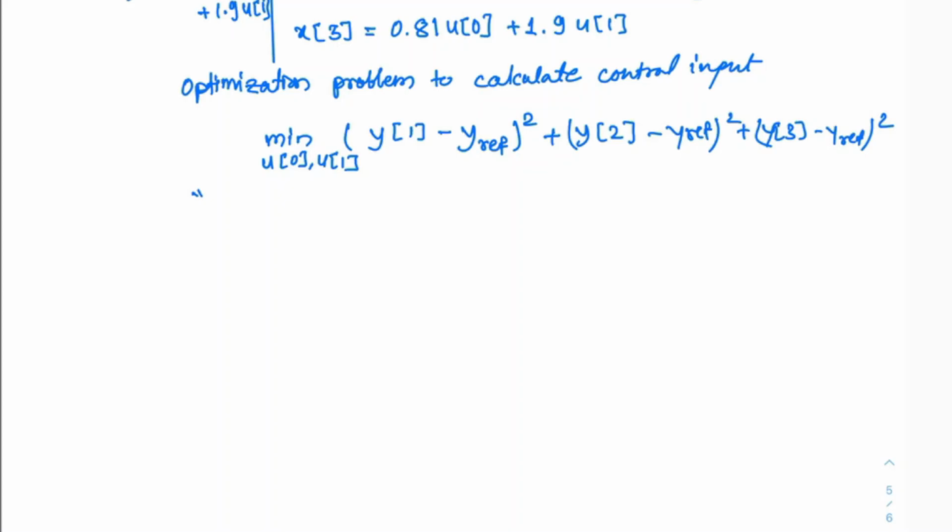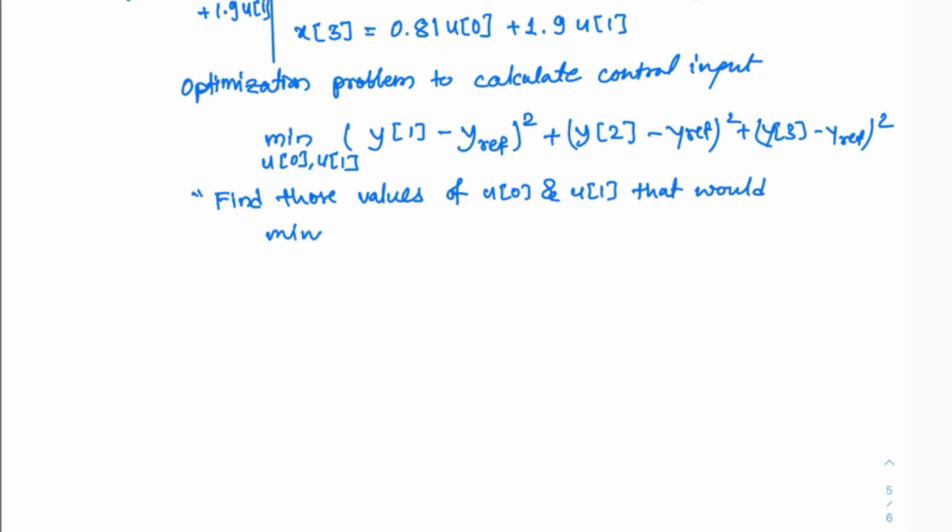So I'm trying to find those values of u0 and u1 that would minimize this. What is this?